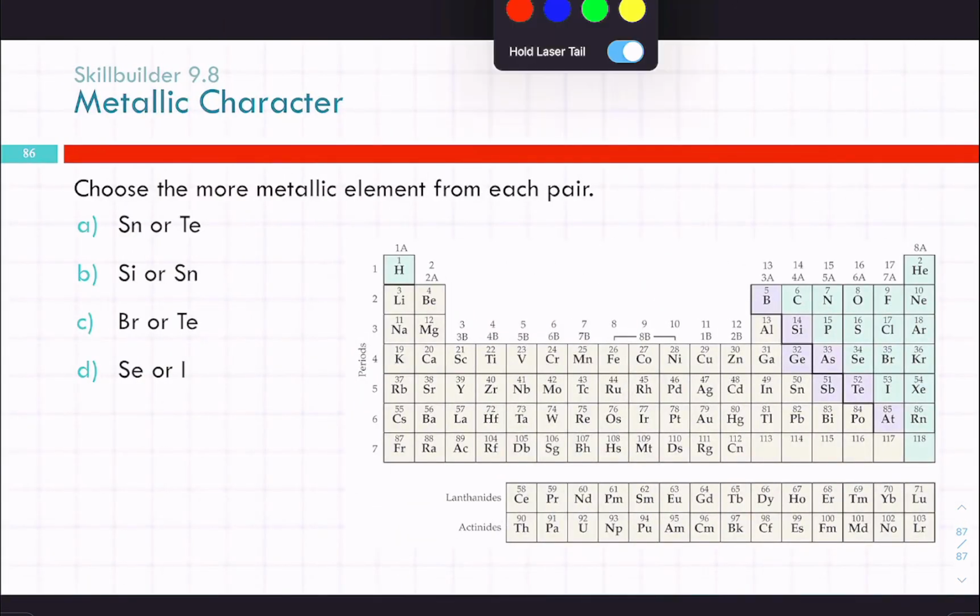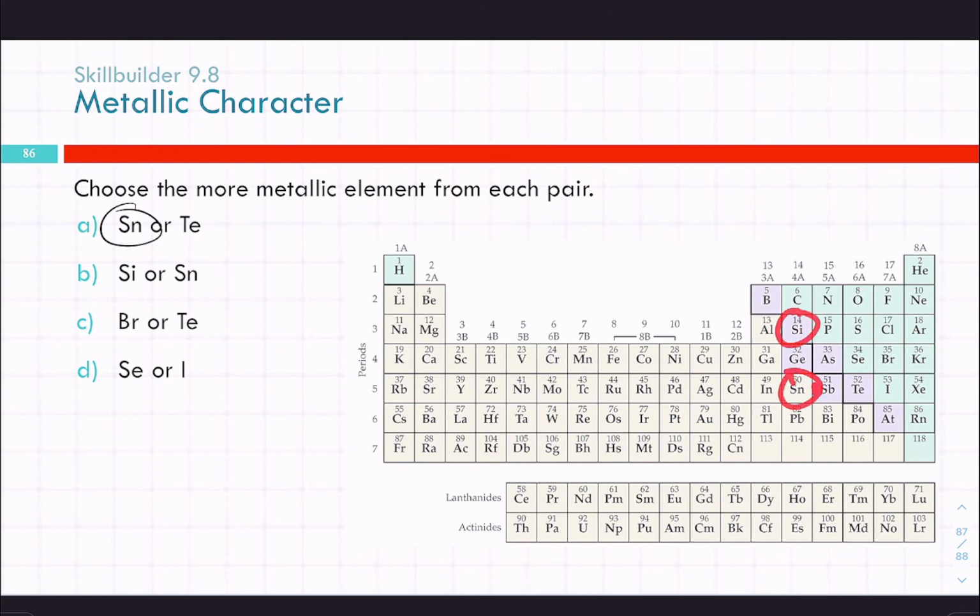All right, so for tin or tellurium, which one's more metallic? Tin. And even on this periodic table, these are in purple. If they're purple on there, those are metalloids. So silicon or tin? Which one's more metallic?